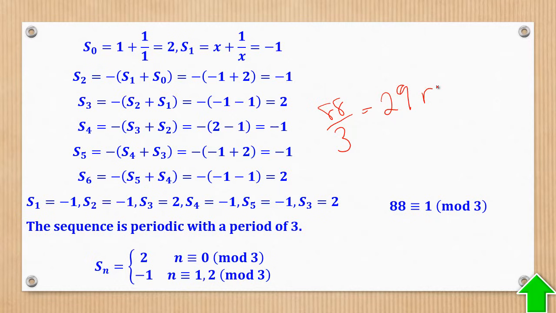The remainder will be 1. So it will be 29 remainder 1. That is why you are seeing me here writing that 88 is equivalent to 1 modulo 3. And here we said 1 lies here under negative 1, meaning that S88 will be equal to negative 1.